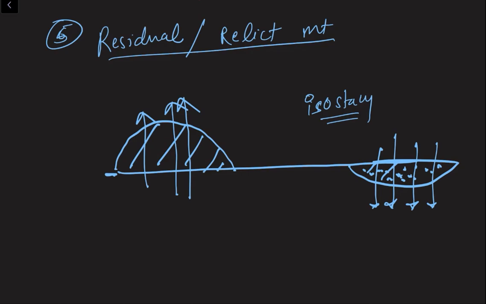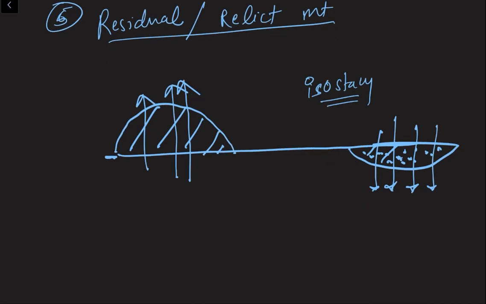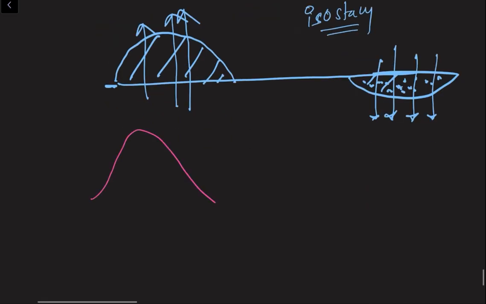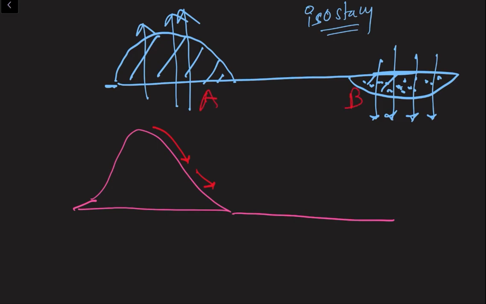But at this moment, remember this, that because of these big mountains, the earth always tries to reduce their height. Why does the earth try to reduce? Because this balance needs to be balanced.